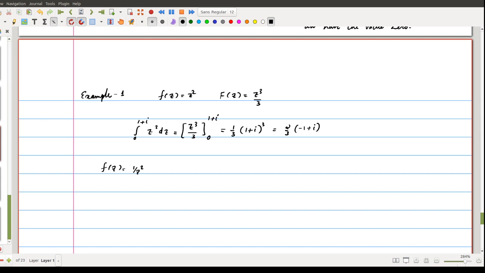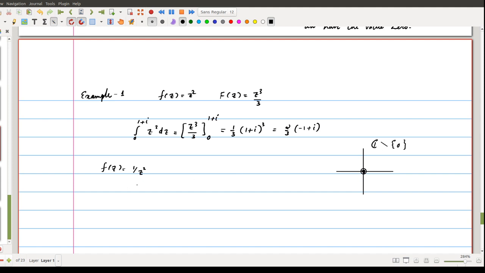we know that this function is analytic except for z equal to 0, because the denominator contains z. So at z equal to 0, this function has a singularity, or it is not analytic at z equal to 0. So if we are considering any closed contour, the domain of this function can be taken as this, removing the origin from the complex plane, say C minus the singleton at 0.